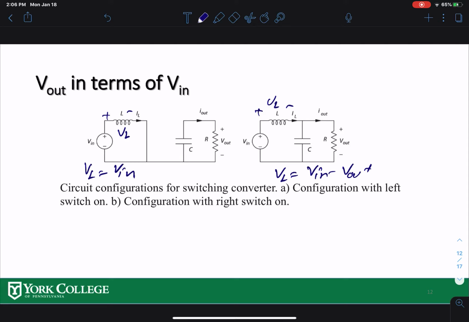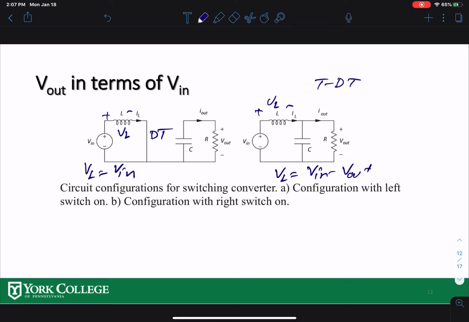Switch one is on for DT time, and the other one, switch number two, is on for T minus DT time. So one is on for DT, another is on for T minus DT.